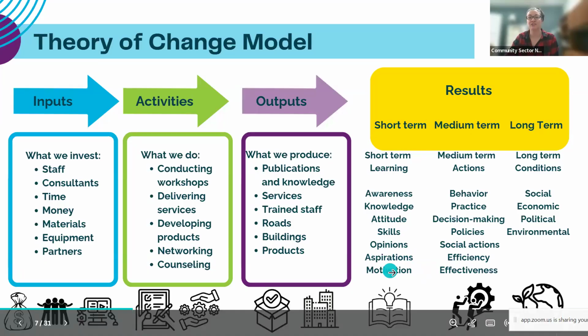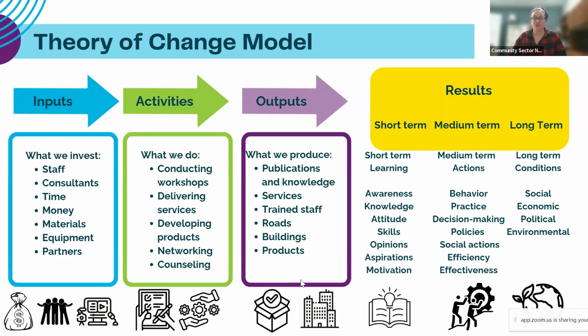And so how do we get to those short-term learning goals? We're going to have to conduct activities and create a series of outputs. So those outputs could be publications, increased knowledge, delivering of services, having trained staff to deliver those services.